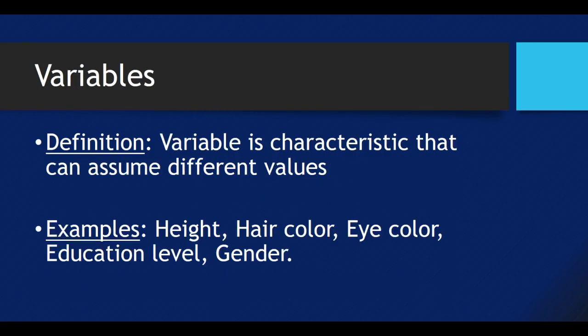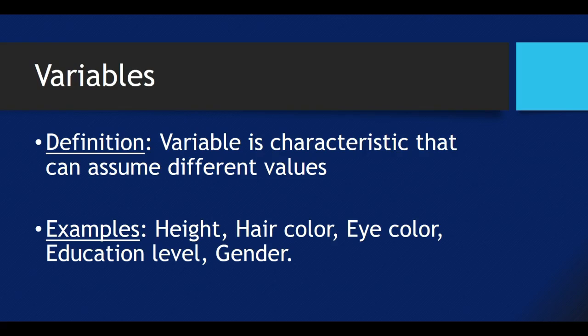Now, the first thing we're going to look at are variables. Anytime we talk about statistics, we deal with variables. A variable is simply a characteristic that can assume different values. So for instance, height, hair color, eye color, education level, gender, those are all variables that you could apply to humans, right?